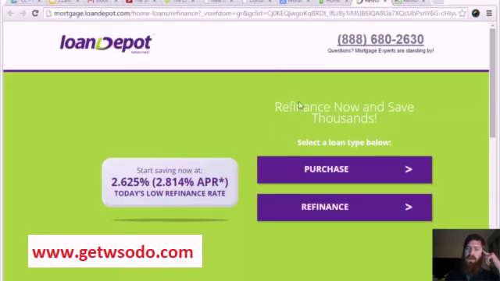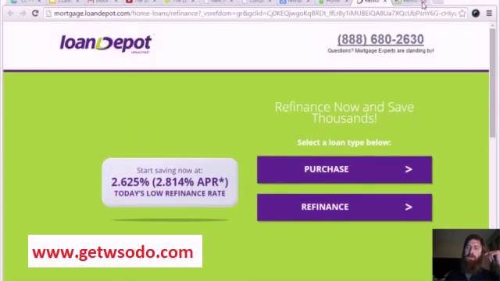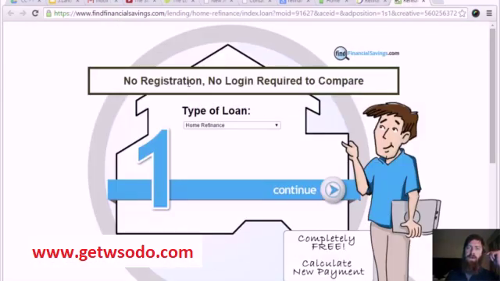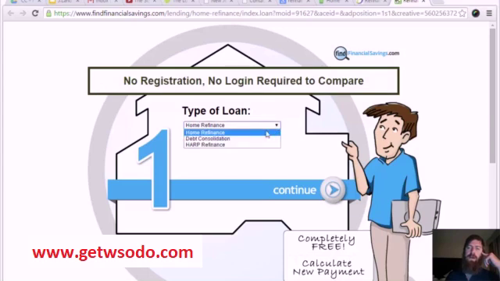Here's another one. Refinance now and save thousands. Here's a good one. Completely free, calculate new payment. What this lander is saying is basically, look, we're going to calculate your new payment based on the information that you give us. No registration, no login required to compare.